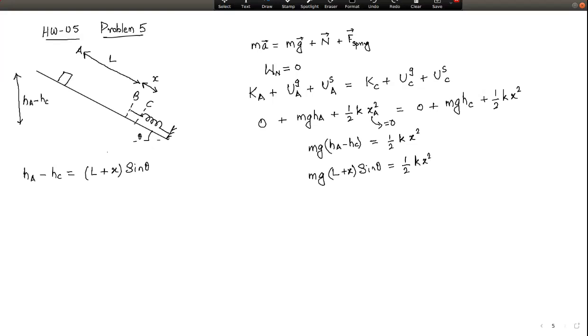Most of these numbers are given to us, so let's plug in the numbers.